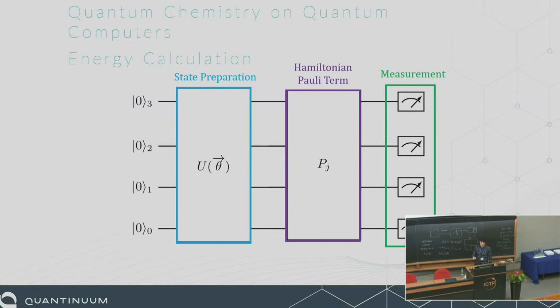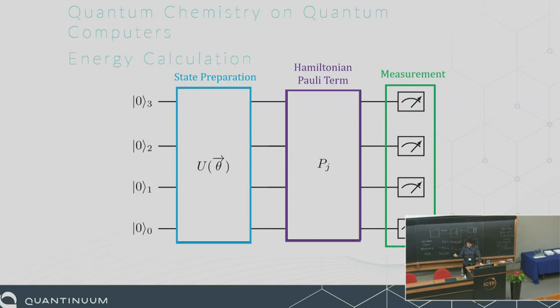VQE is essentially this. You have the state preparation, which is this ansatz that I showed you before. This is your wave function, and you want to have some parameters so you can change your wave function. Then you have to measure the Hamiltonian, and you can do that by individual parity terms. I'll explain that in a second.